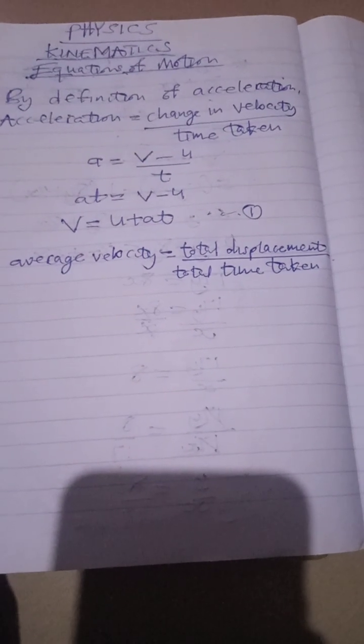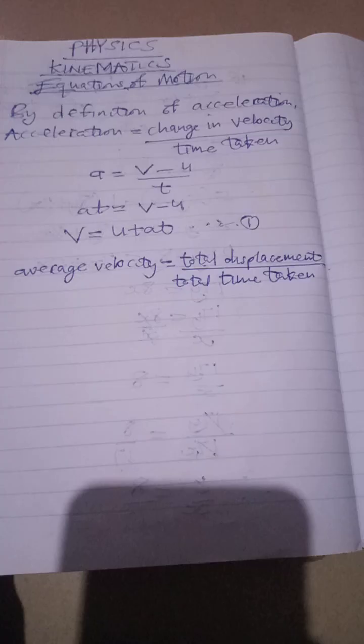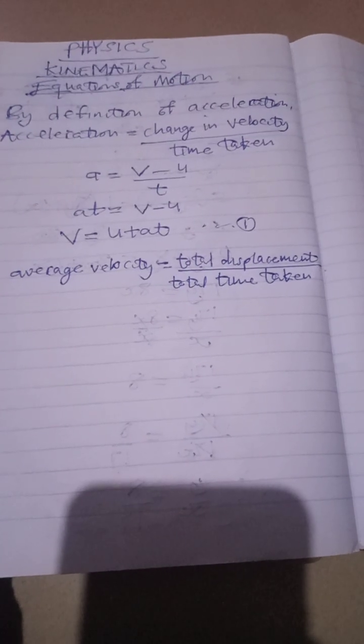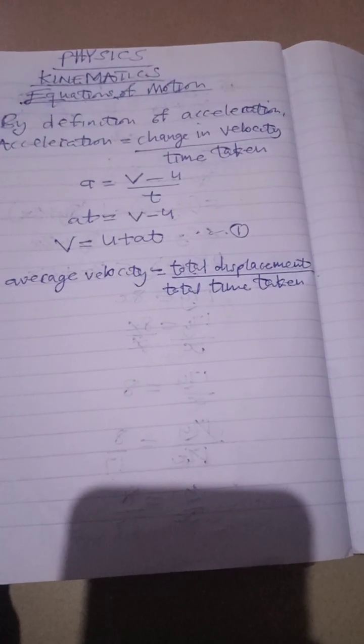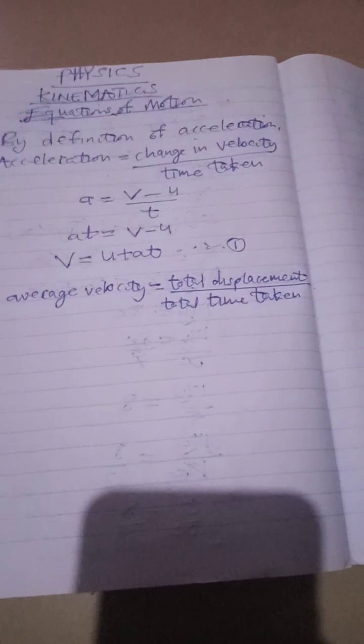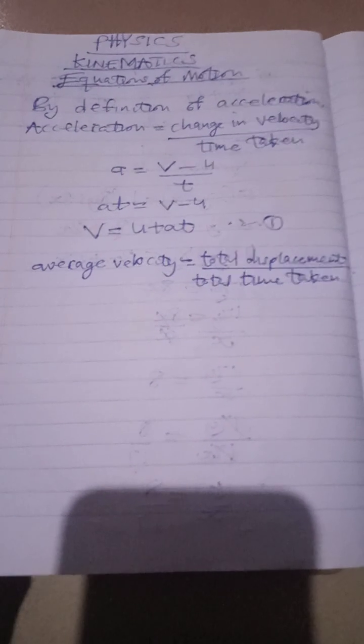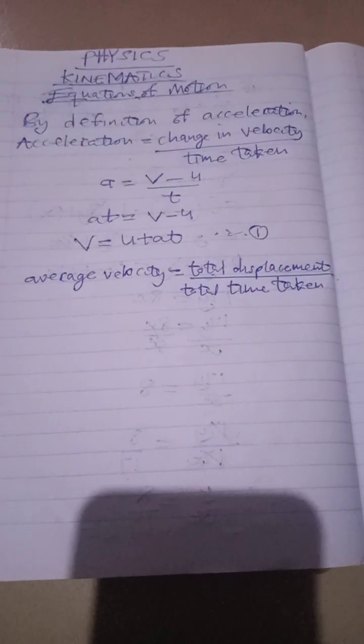Displacement is the length, for example, if you are at the school gate and you are asked to go to the administration, maybe you use 200 meters to get there.